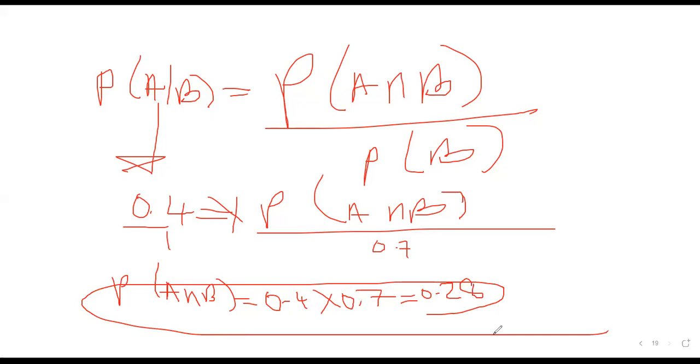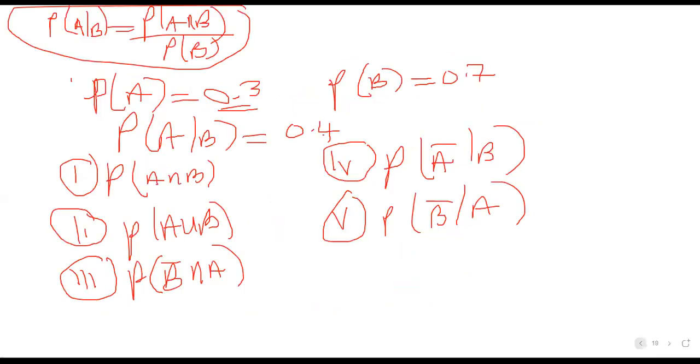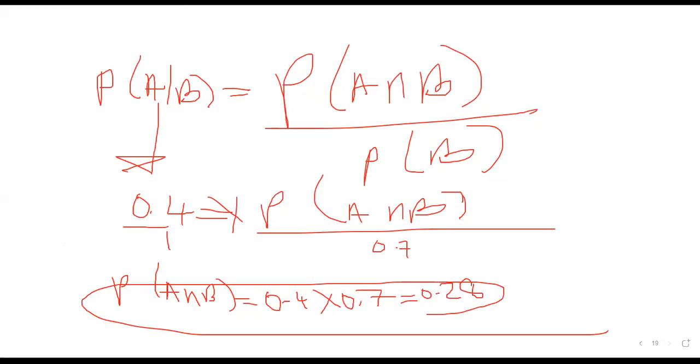And we need to go. Then probability of A union B. I gave you the formula; you can use the Venn diagram or a formula which I gave you.